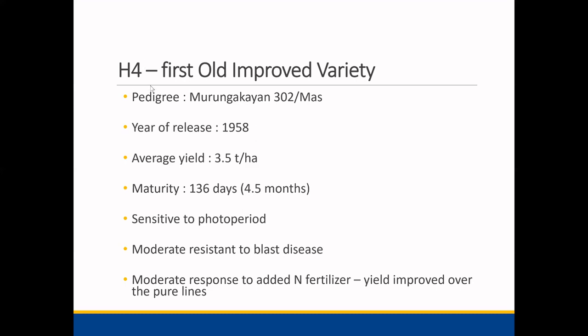So let's look at this first old improved variety, H4. Its pedigree, or parents: one is Murunga Kayan, which was one of the traditional varieties. A line was selected from the traditional variety.